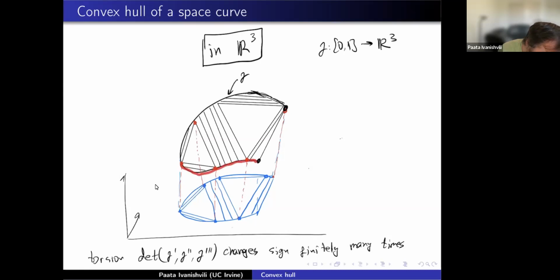the problem of finding convex hulls of space curves in 3D, for a special case of curves where the determinant of gamma prime, gamma double prime, and gamma triple prime changes sign finitely many times, was solved in joint works with my collaborators from St. Petersburg eight years ago.